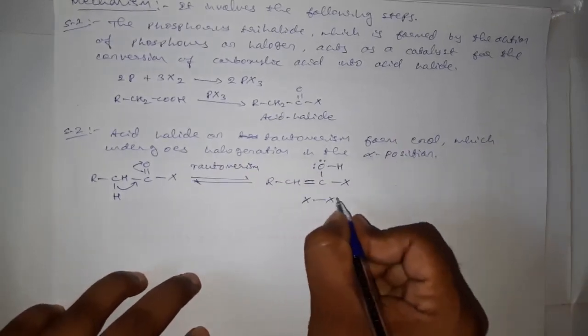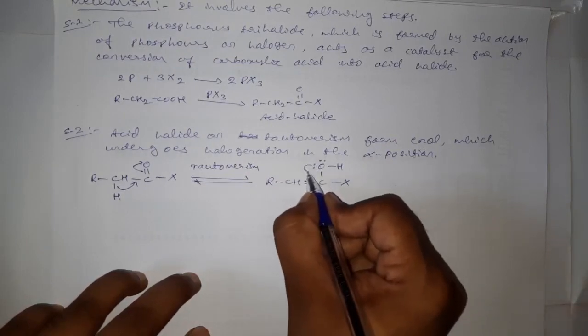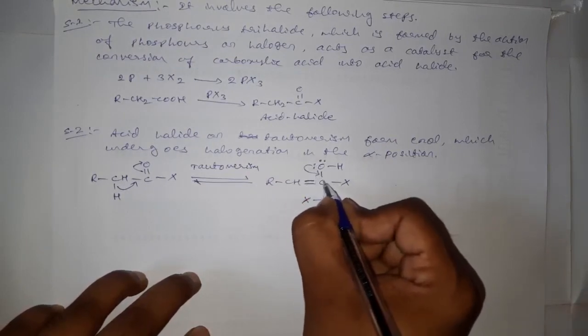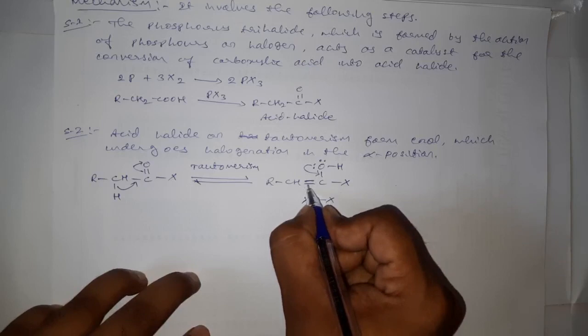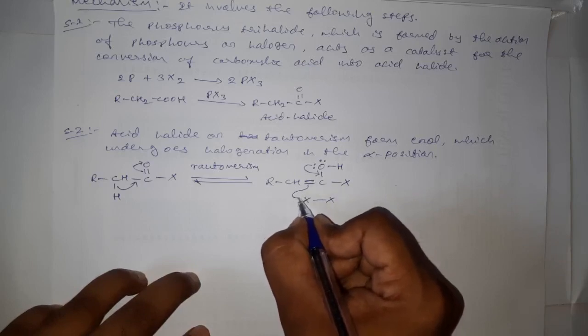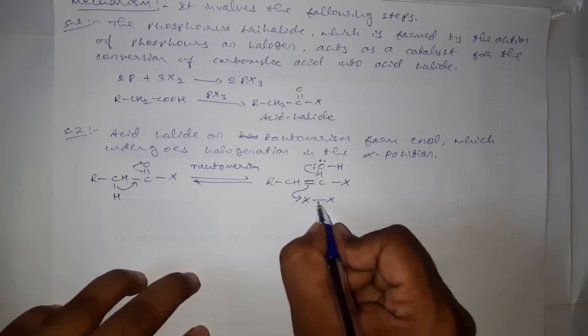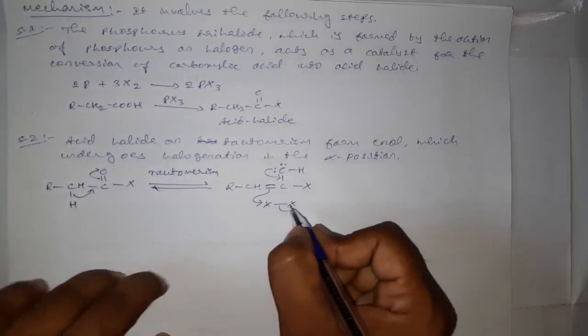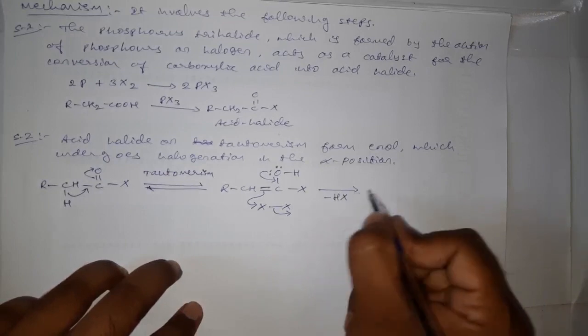And this, when comes in contact with a halogen, this lone pair of electron present on the oxygen will move towards oxygen carbon single bond, and as soon as this carbon is getting an extra bond, it will leave one of the old bond, and that pi bond will now abstract this halogen, and this will leave the reaction as HX.